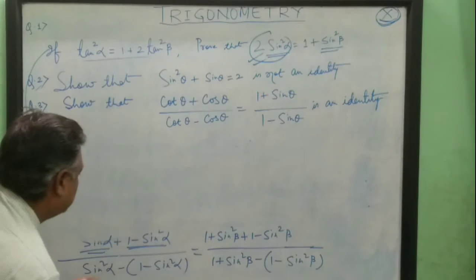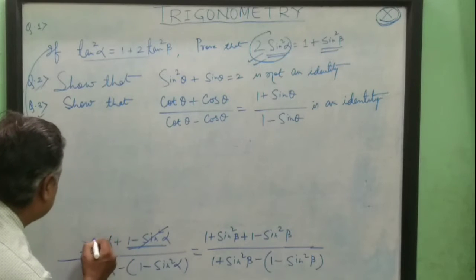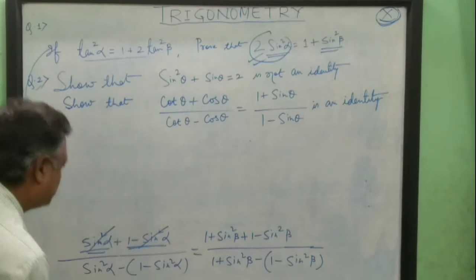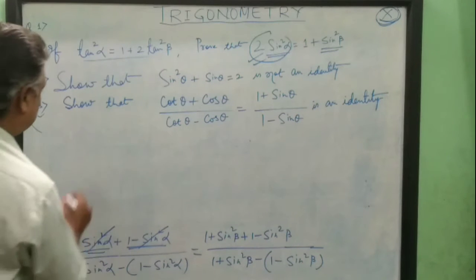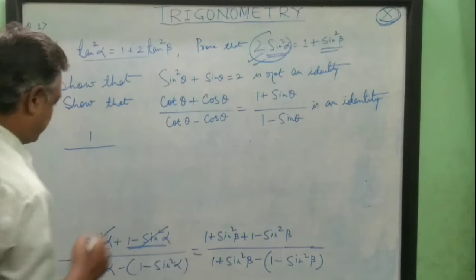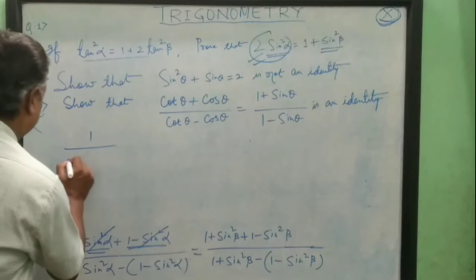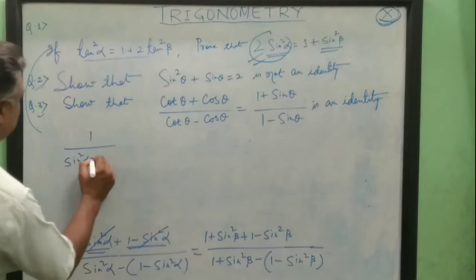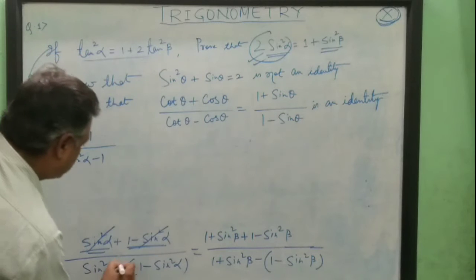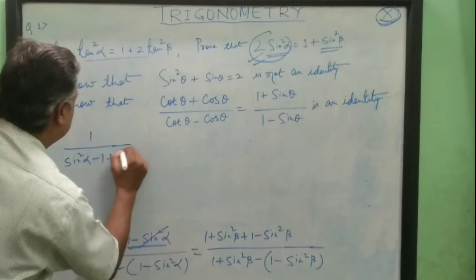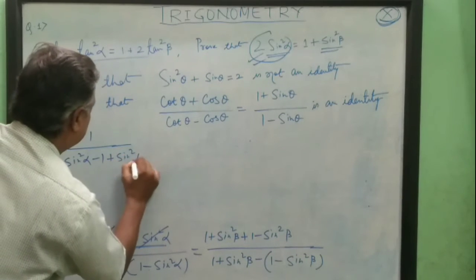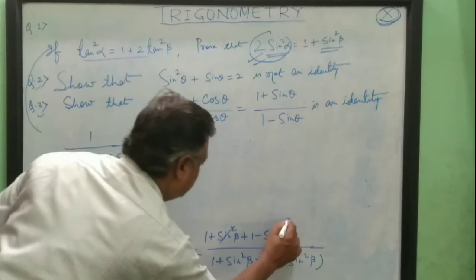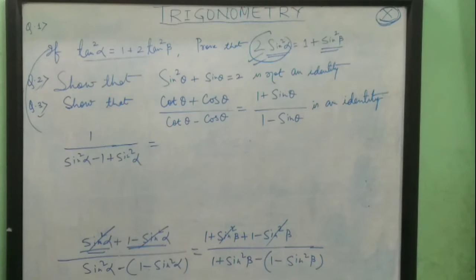So after this, here minus sin square alpha and plus sin square alpha cancelled. So it is here 1 divided by, open the bracket, sin square alpha minus 1, minus minus plus sin square alpha. This side plus sin square beta minus sin square beta is cancelled.